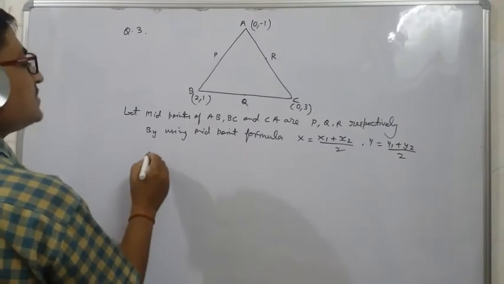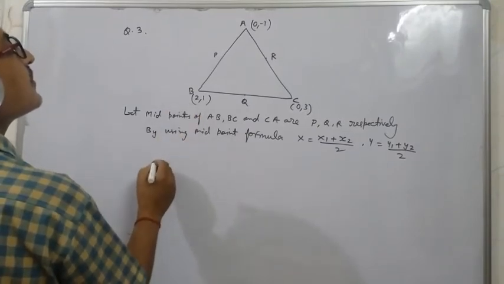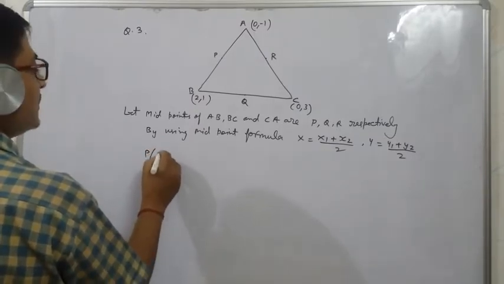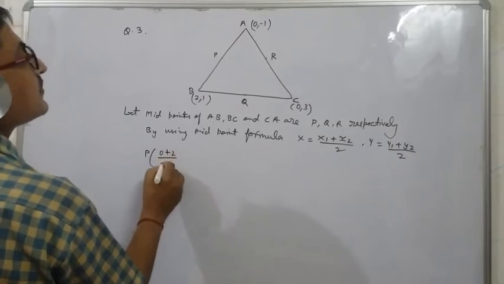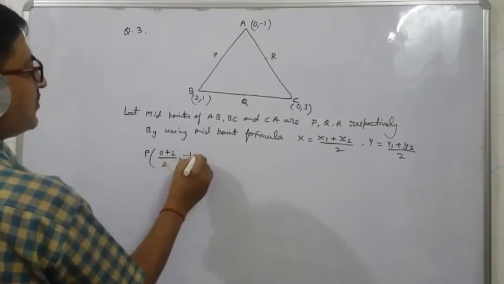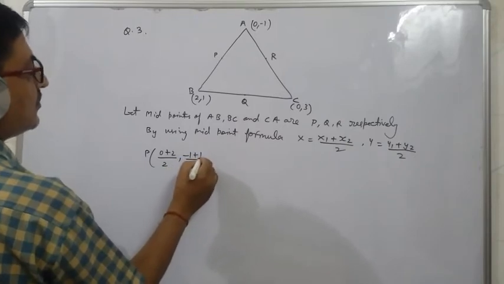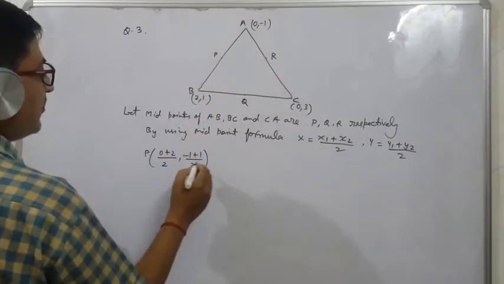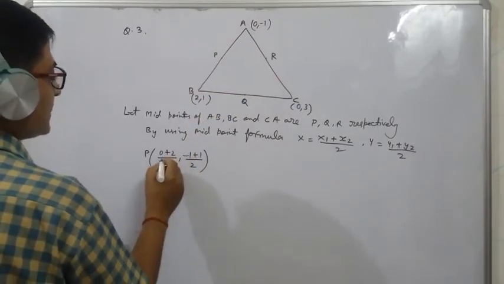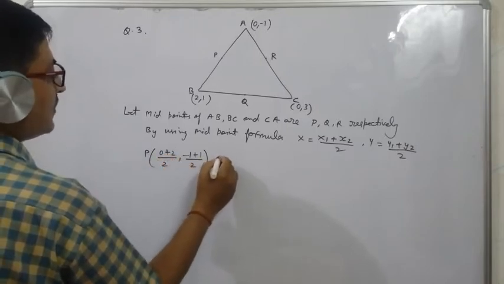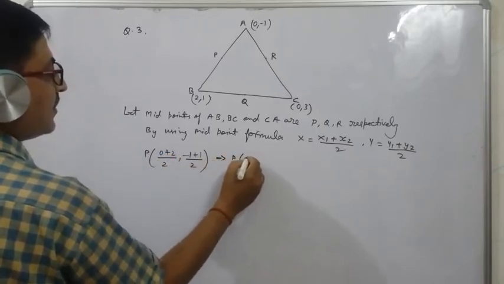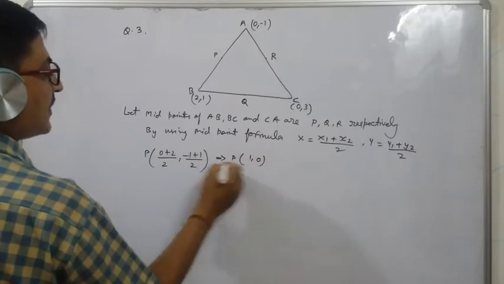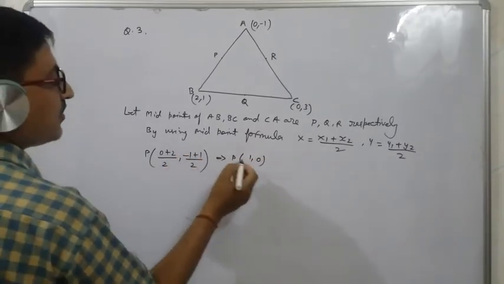Therefore, for P, that will be (0 plus 2) upon 2 and (-1 plus 1) upon 2. So 2 by 2 is 1, and -1 plus 1 is 0, 0 by 2 is 0. So P is (1, 0).